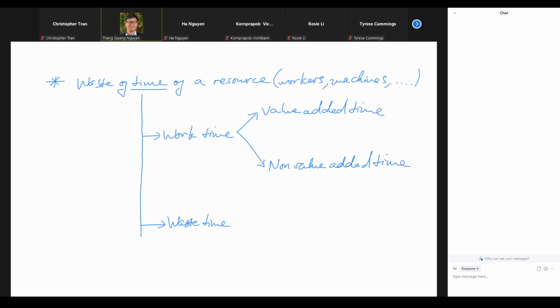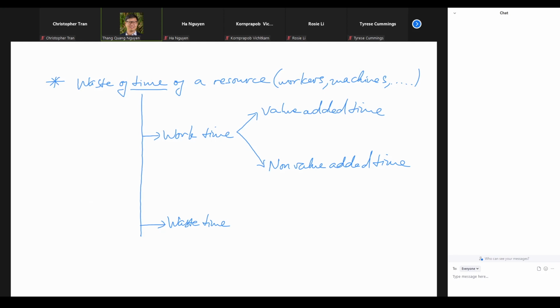What does that mean by value-added time? For example, when we cut a part, and then that part will go into the car, then the customer will see it. They will value it. They will appreciate it at the end, right? So that cutting activity right there is a value-added activity.